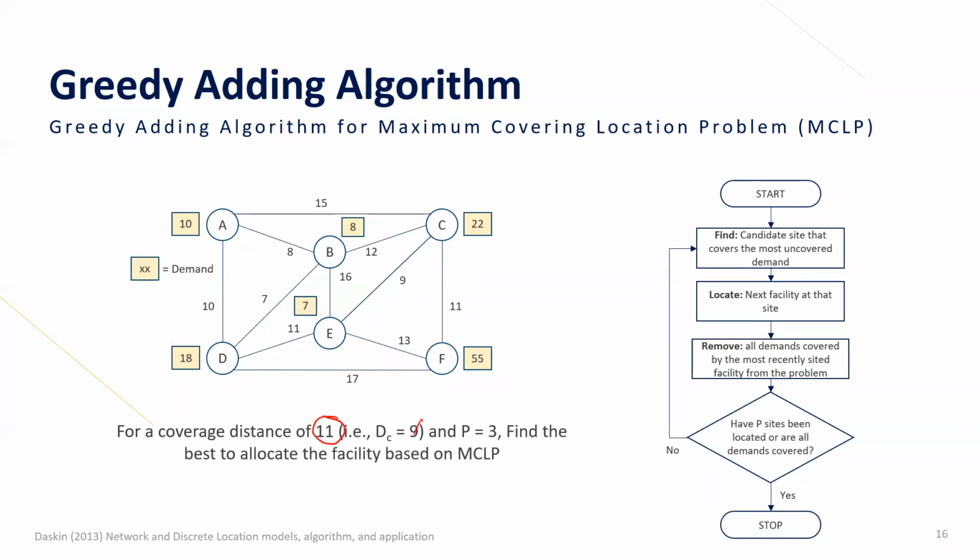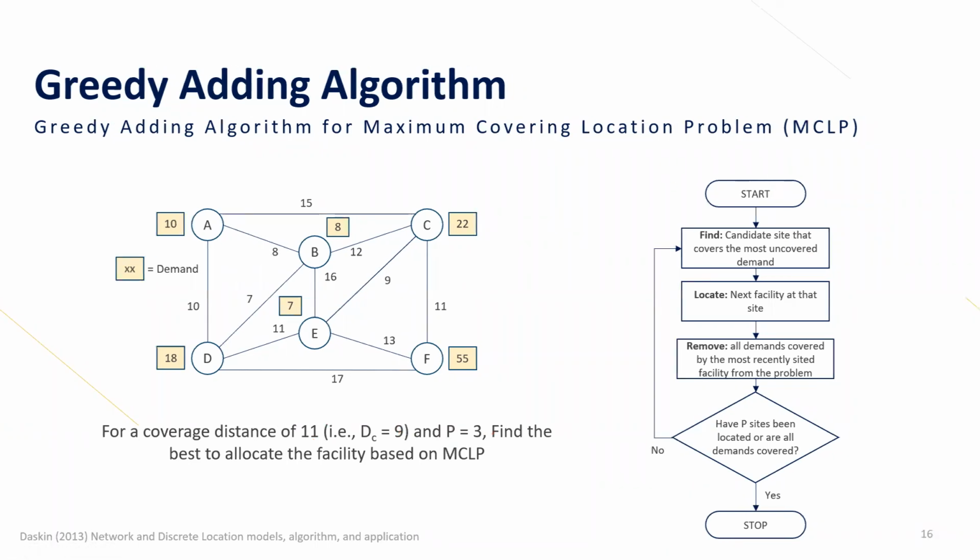No, this one DC is 11. This one, p, is equal to 3. So you are allowed to open 3 facilities among these. What should you do? First, find the site that covers the most uncovered demand. This one.